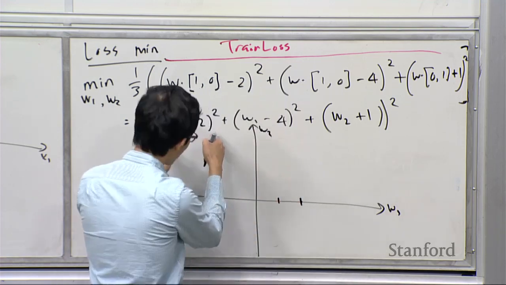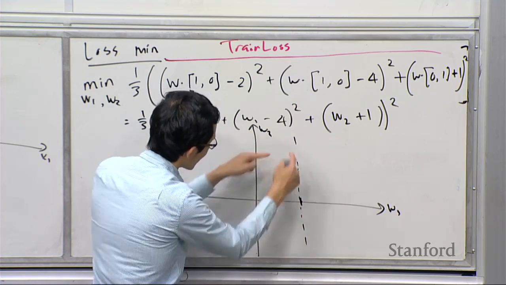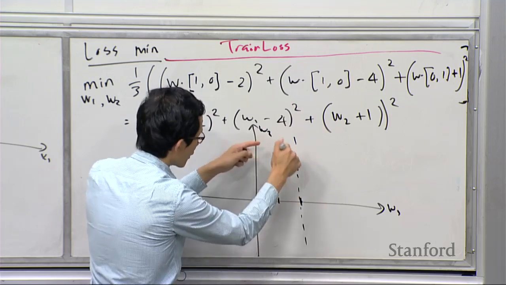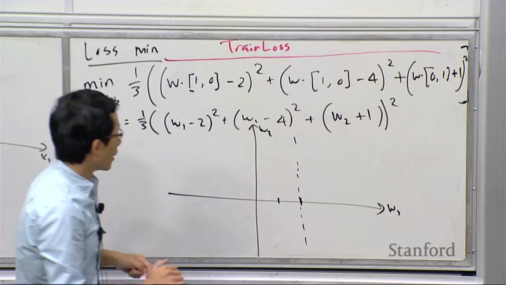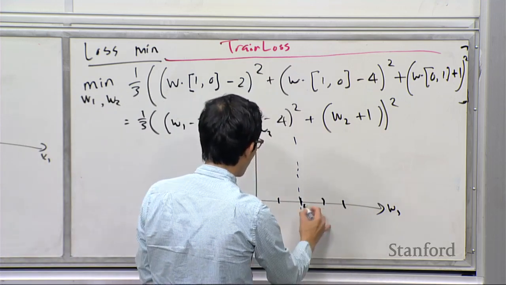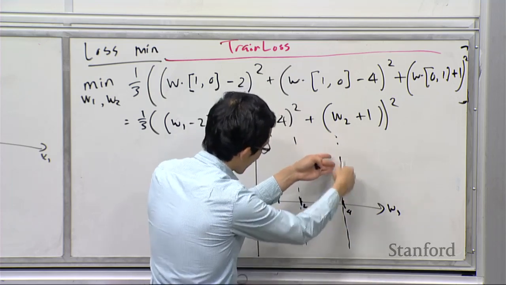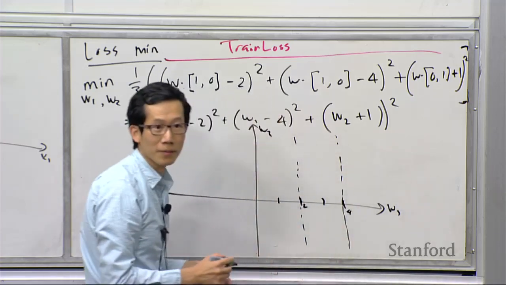If you look at this term in isolation, and you look at the level curves, I get 0 loss if I place weight vectors here, and I get increasing loss as I go out, right? If you look at this second term, it's centered around 4. So here's 2, here's 4, and it's the same deal. I get 0 loss here, and I pay more loss as I go out.